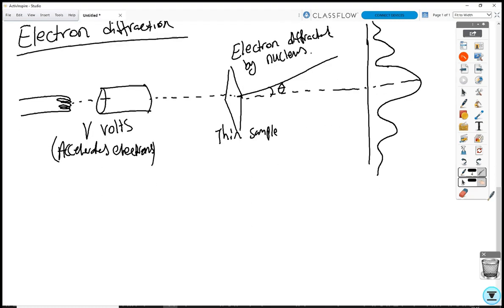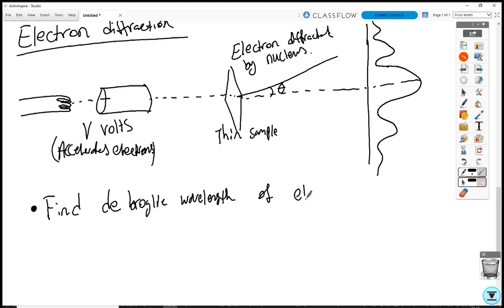So first thing, we need to find the de Broglie wavelength of our electrons.